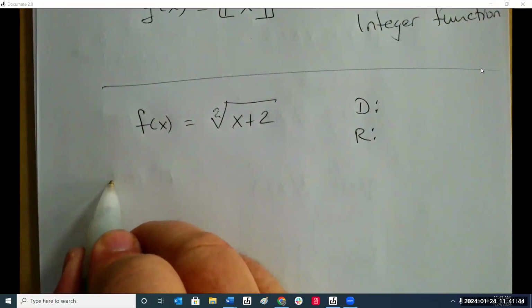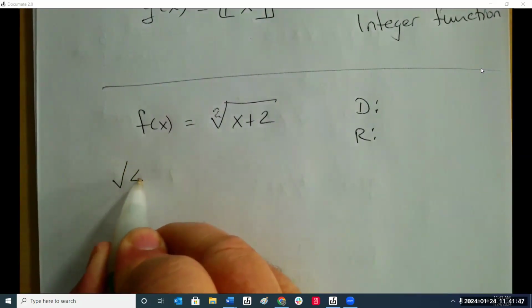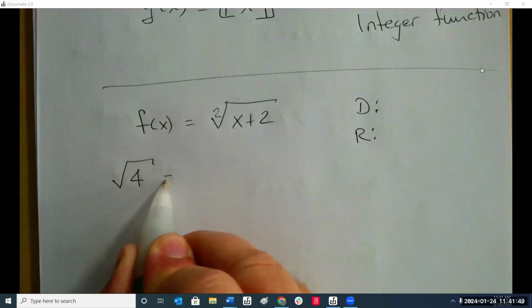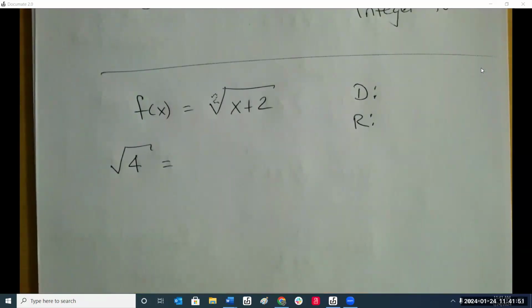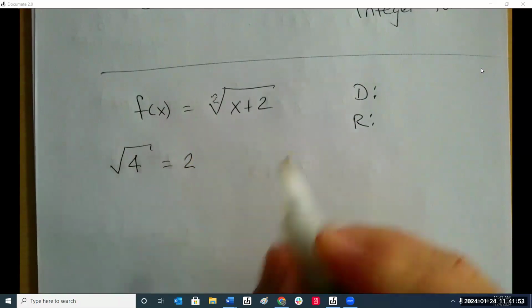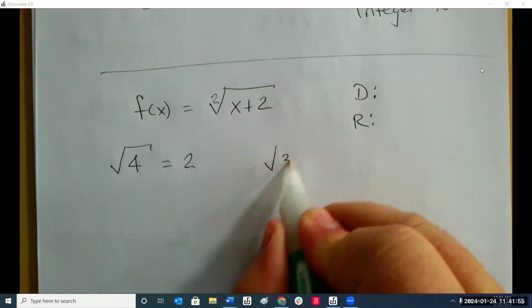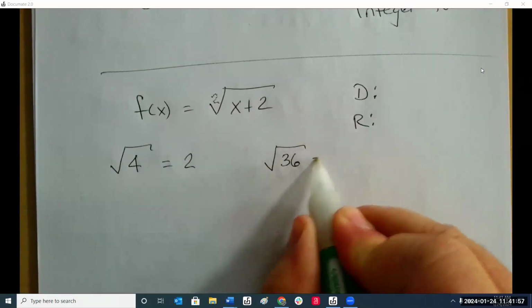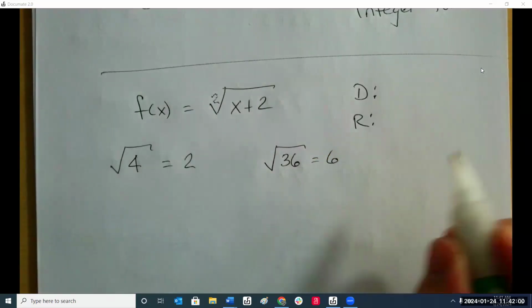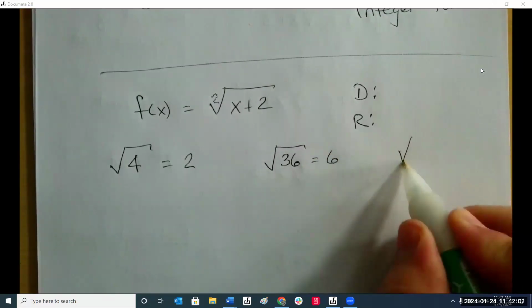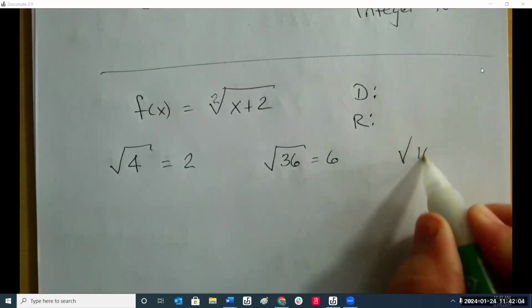So let's look at this. What is the square root of 4? What is the square root of 36? What is the square root of 16?